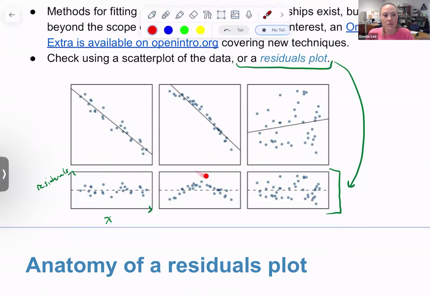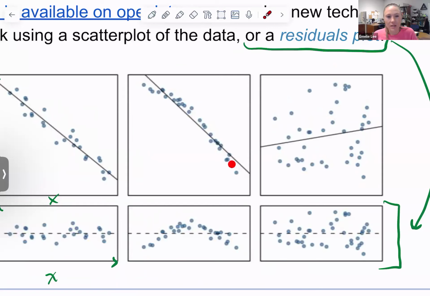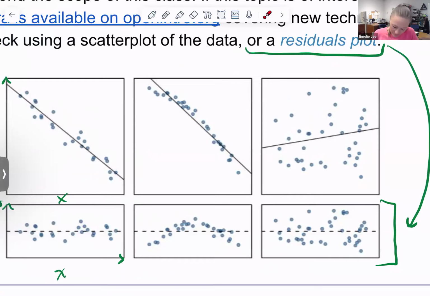Now, I'm not going to focus too much on these residual plots, but we do use them as kind of a magnification of the original relationship. So whereas here we have the response variable against x, the residual plot basically magnifies. So notice where it's most obvious here is we have this kind of non-linear relationship. And when we look at the residuals against x, then it's really magnified.